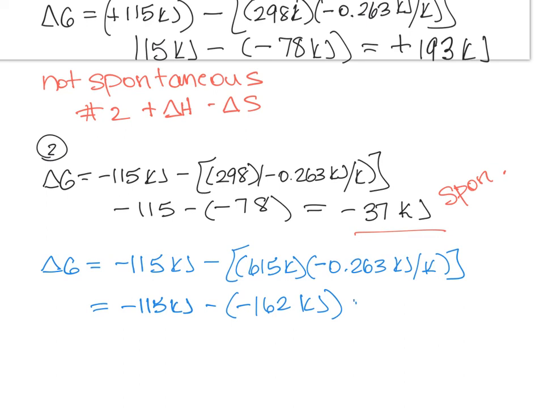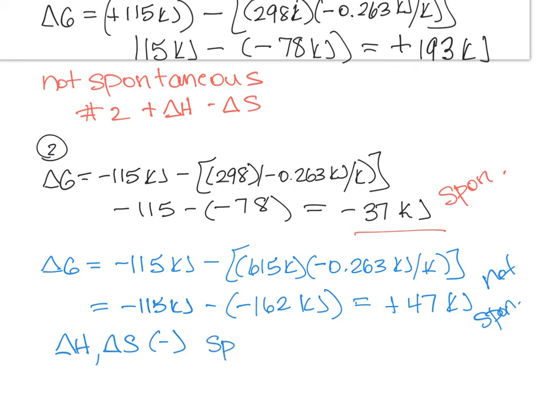And we get positive 47 kilojoules. So this is not spontaneous. And in this case, both delta H and delta S were negative, so they would be spontaneous at lower temperatures, and we saw that to be true with our calculations.